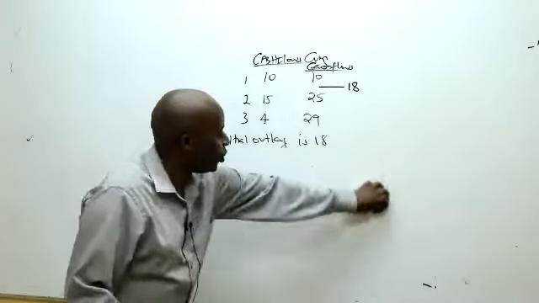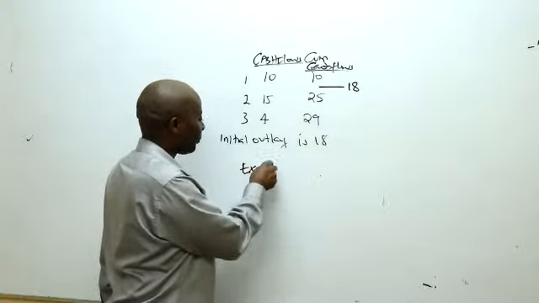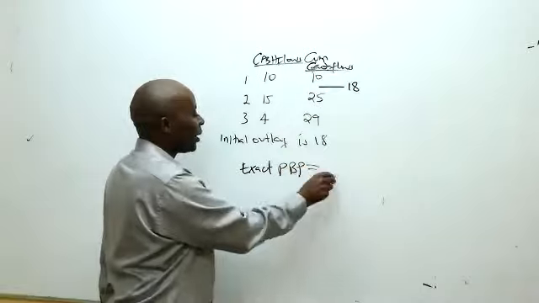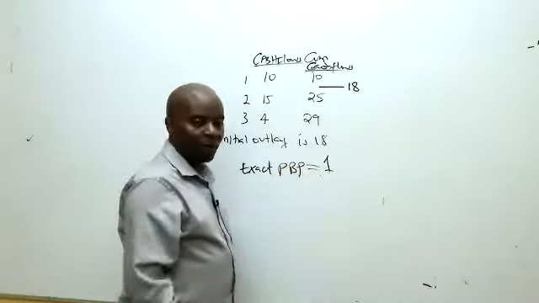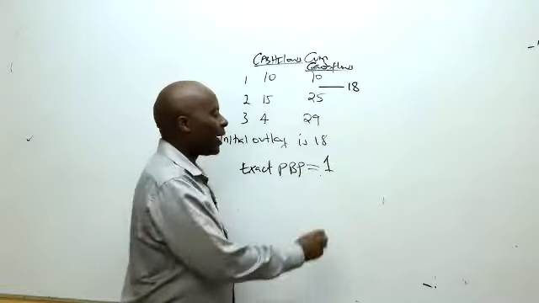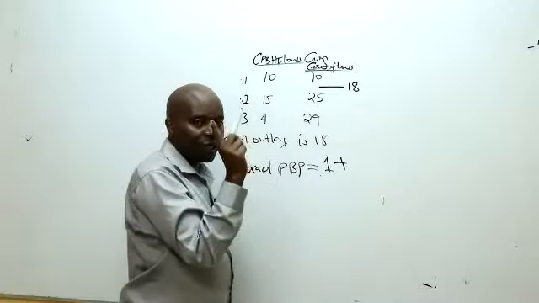What I'll need to do is to come and say here, my exact payback period equals, we've said it's in between 1 and 2, so I start with the lower period, which is 1, plus, ladies and gentlemen, between these two we have exactly 1 year.